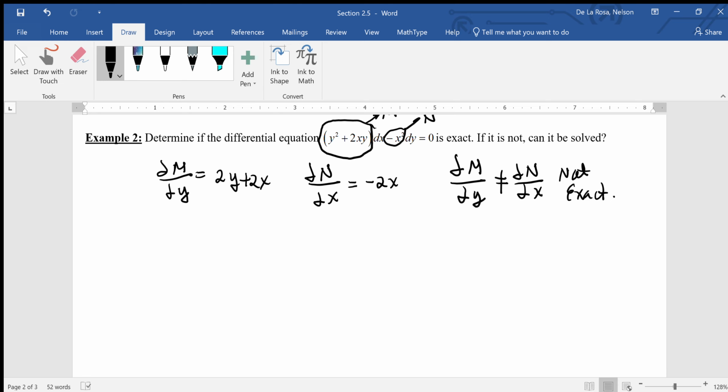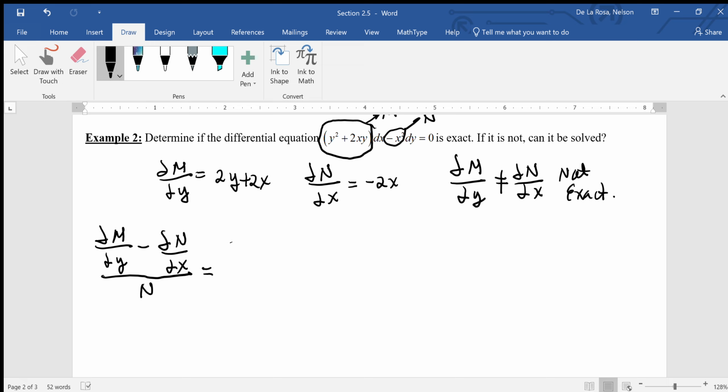So let's try to find an integrating factor of the form partial derivative of M with respect to y minus partial derivative of N with respect to x, divided by N. If we can get an expression depending only on x, then we can obtain an integrating factor and then convert the given equation to exact.